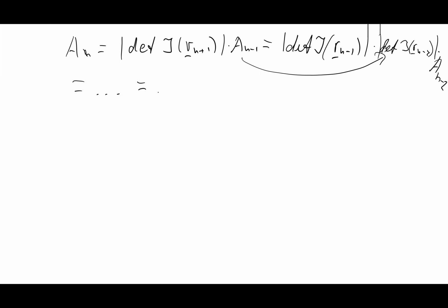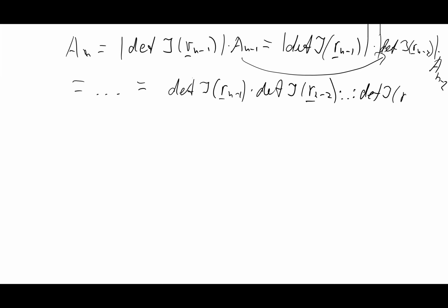And so on, and at the end we will have this product of determinants: the determinant of J at R_{n-1} times the determinant of J at R_{n-2} times so on times the determinant of J at R_0 times A_0. And this should be by absolute value.